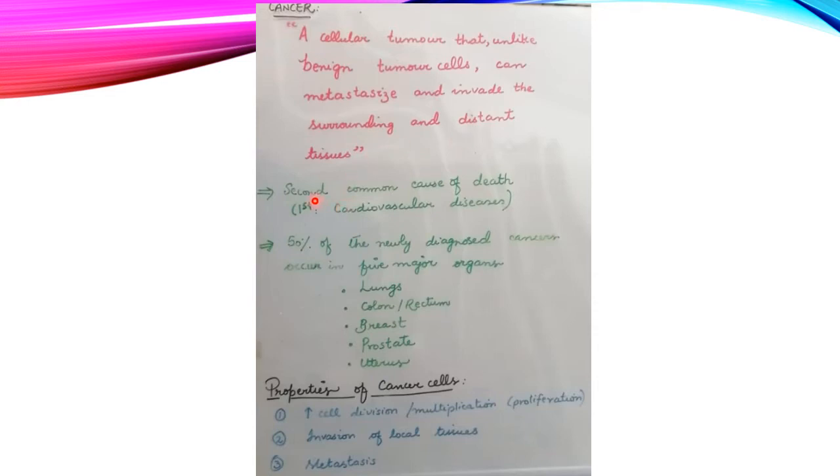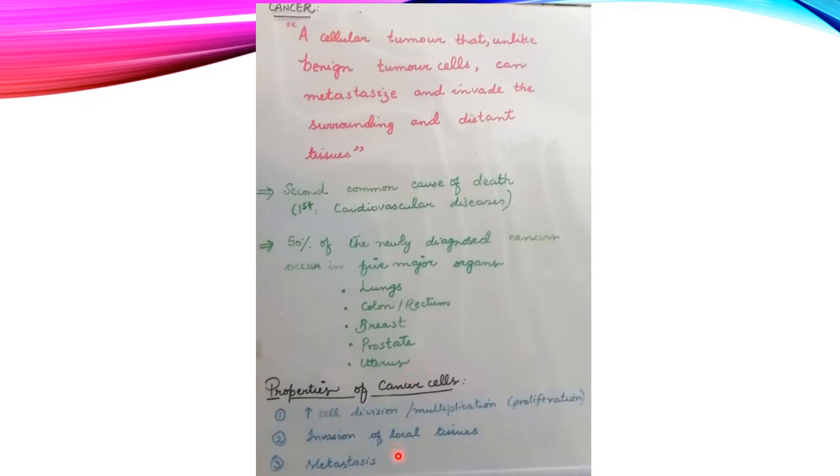Cancer is ranked as the second most common cause of death worldwide. And there are 5 major organs that have been studied to be much involved in the development of cancer. These 5 organs are lungs, colon, breast, prostate, and uterus.